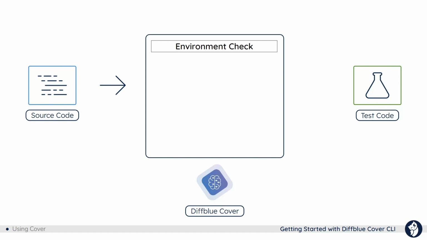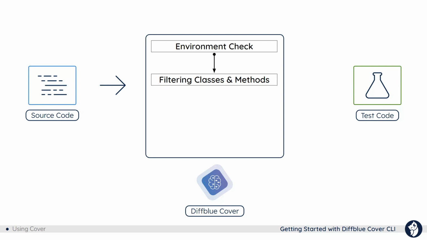At this stage, the user might get errors or warnings if, for example, a dependency is used at an unsupported version. Also at this stage, Diffblue Cover will check if a dummy unit test can be executed and a warning will be otherwise shown. The next stage is identifying all testable methods, and this is done using the bytecode.